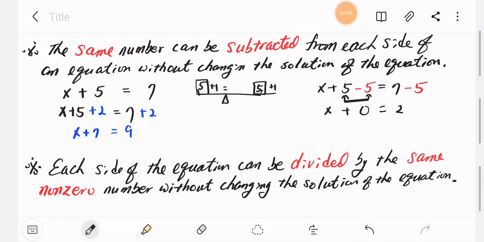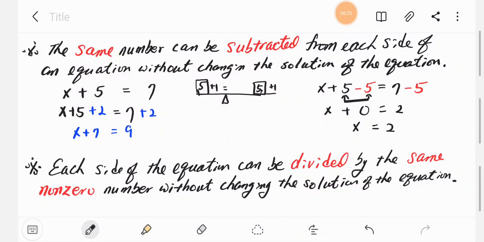This is the addition property of 0, right? So the result is just x. So we got the value of x. x is equal to 2. If x equals 2, then 2 plus 5 is 7. So yes, the number 2 makes the equation true. So 2 is the solution.